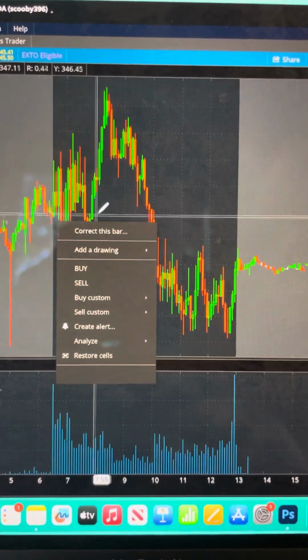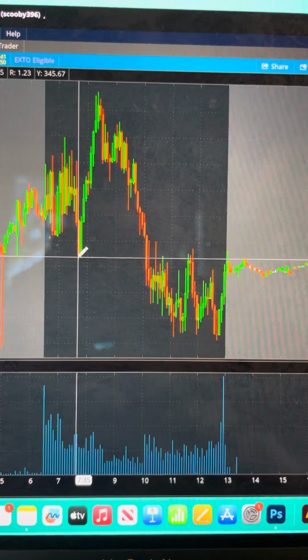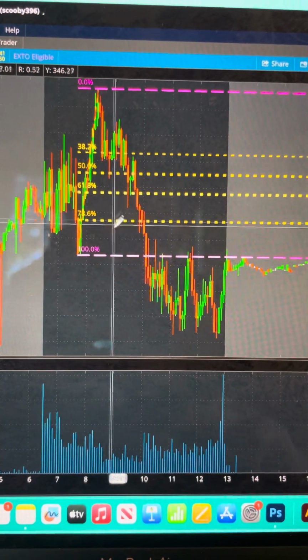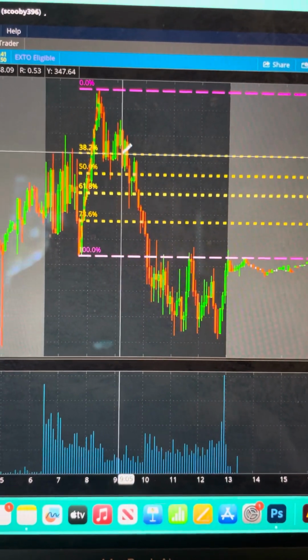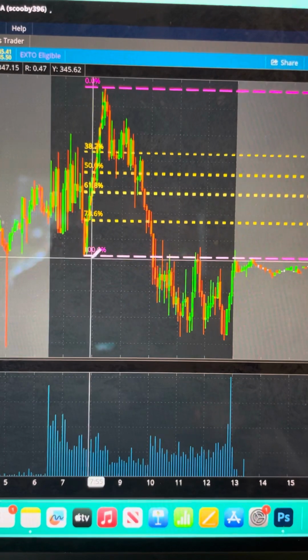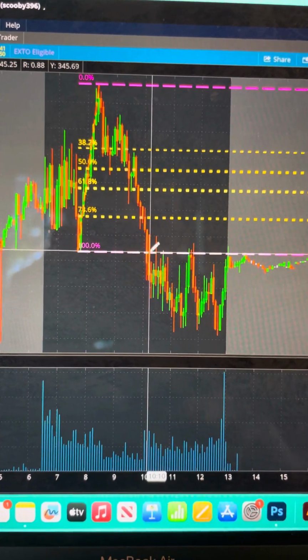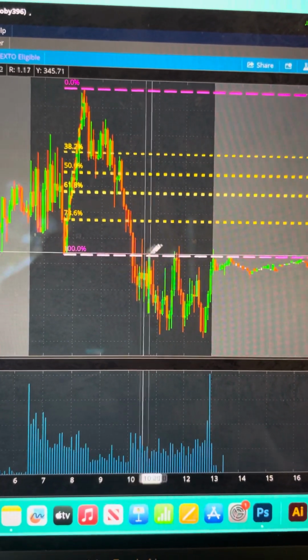Oh, sorry, you go from here all the way to here. And I know it's flipped, but it basically shows we're 30% down now, almost to this level, or we're 61% down. Oh, okay, we just broke that. We're all the way back down to where our fib is.